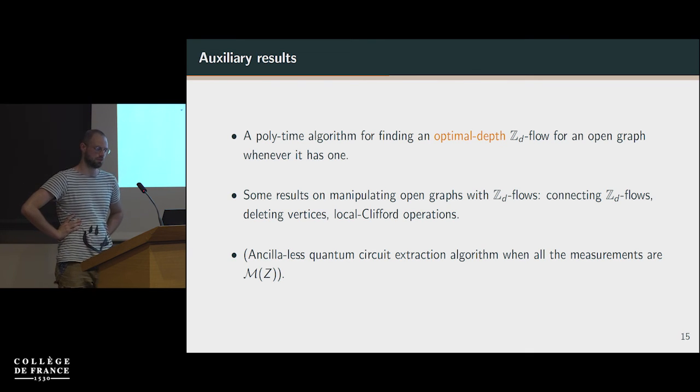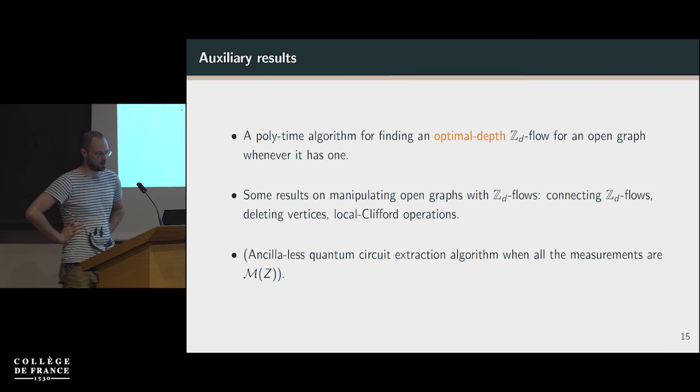And furthermore, this ZD flow that the algorithm finds is optimal in the sense that whenever measurements or corrections can be performed simultaneously, the output F-flow does so. And so there are no measurement patterns that run in a shorter depth, in terms of the number of measurement operations that you need to do.